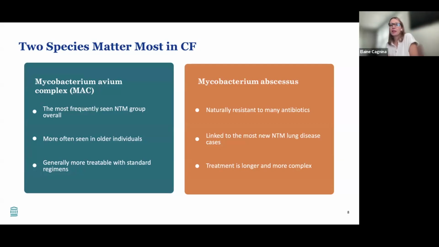But Mycobacterium abscessus is the most resistant species. As I said, it's naturally resistant to many antibiotics, and it's linked to the most new NTM lung disease cases. So most new acquisitions tend to be abscessus, and it happens in younger patients. You can see this in children even with CF, and treatment is longer and more complex than treatment for MAC.